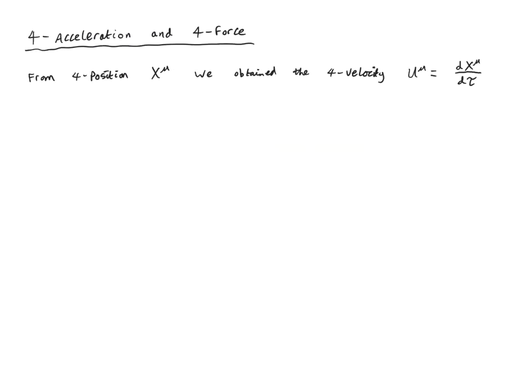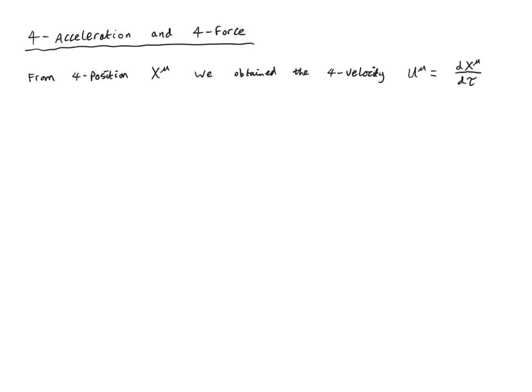So let's now consider some other 4 vectors, the 4 acceleration and the 4 force. First of all, we had the 4 position x mu, and from it we obtained the 4 velocity u mu. We did this by taking the proper time derivative. We had to take the proper time derivative rather than just a general coordinate time derivative, because we want this object to be a 4 vector, and therefore we want it to be able to transform according to the Lorentz transformations.